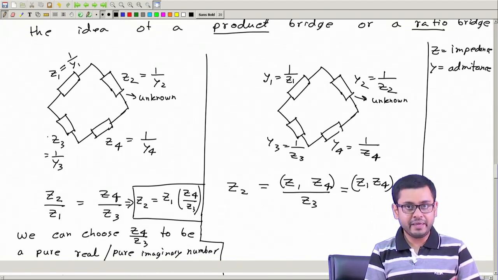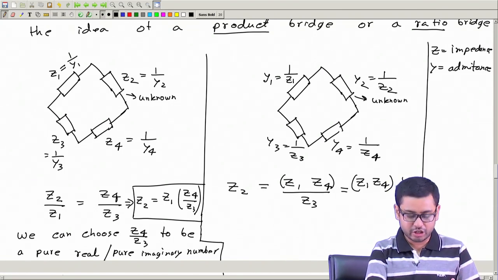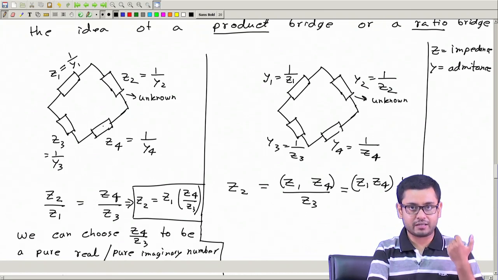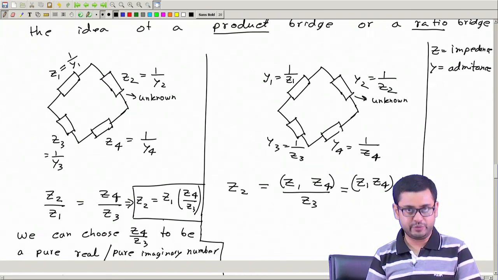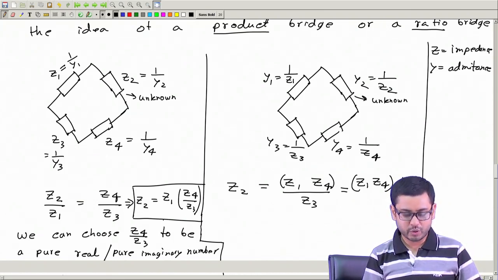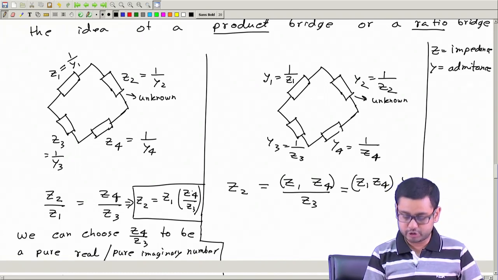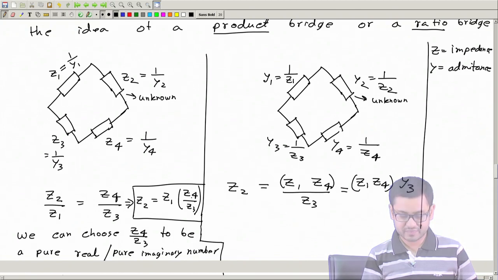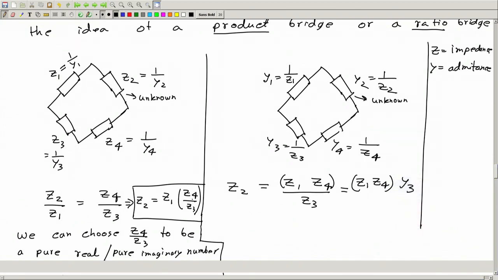But do not mix, like series combination of RL, parallel combination of RC. Then the balance equation will be difficult. That is what we want to avoid. So this is an easy way to design it.